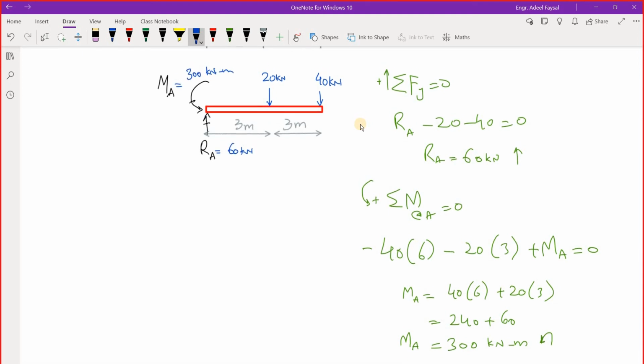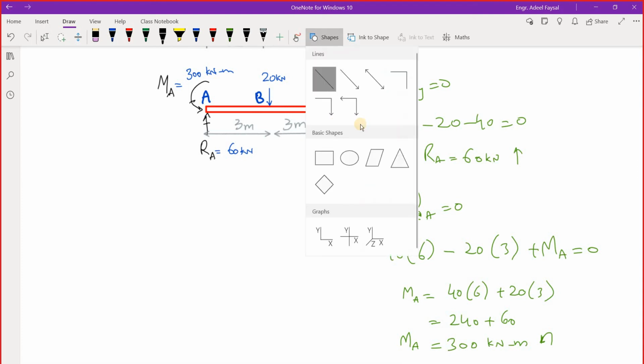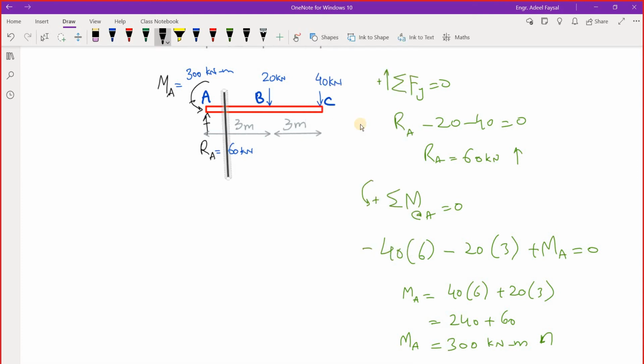So next is to consider a cutting plane. Let's label the points A, B and C. Now if we consider a cutting plane through the beam between A and B, we can draw a cutting plane somewhere over here, and we can draw the free body diagram of either the left segment or the right segment.